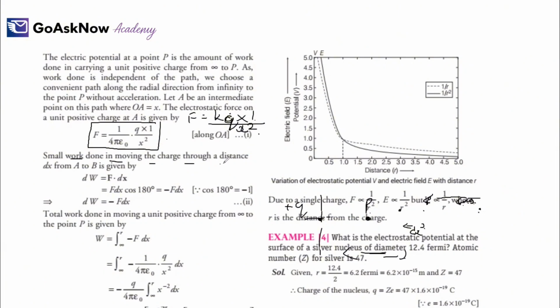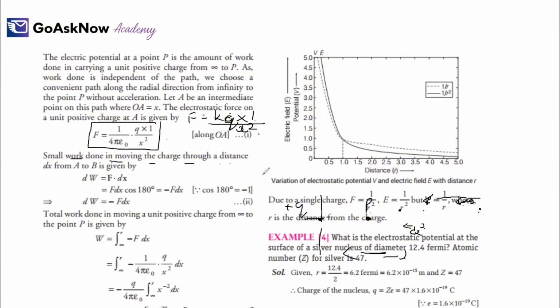Now the work done in moving the charge through a distance dx. I have just told you that dx is the small distance between points A and B. So the small work done dW will be F dot dx, which is F dx cos 180, because the force applied is opposite to the direction of displacement.